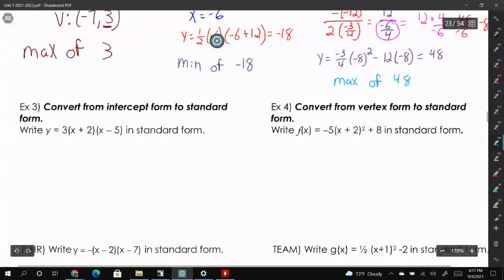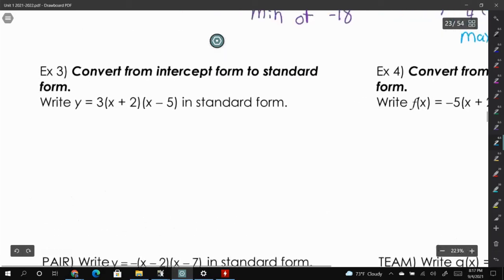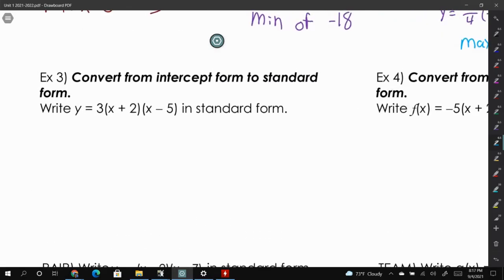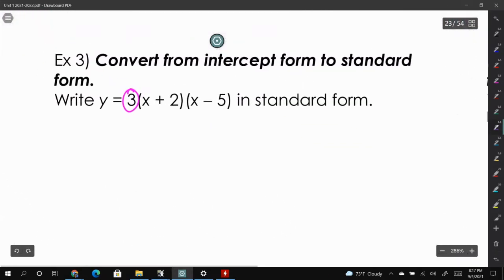Now down here, we need to convert between certain forms: standard form, vertex form, or intercept form. We're going to be able to go back and forth. So we're going to convert from intercept form to standard form, and that means we need to multiply this out. I'm going to leave the 3 alone for now, and I'm going to FOIL this part and this part.